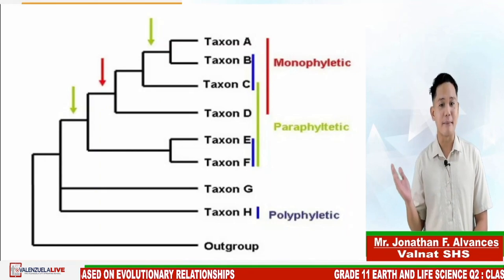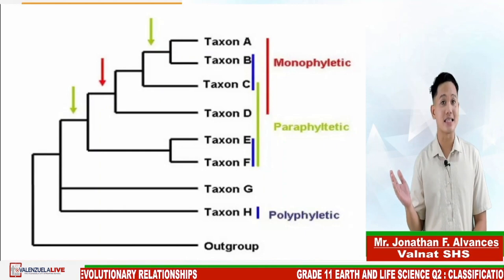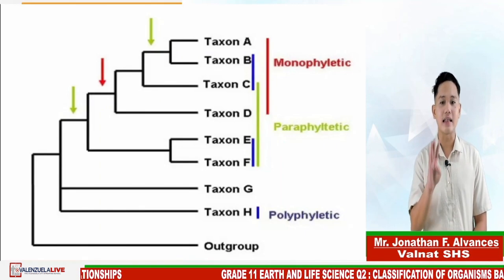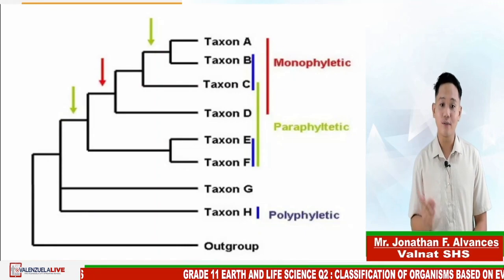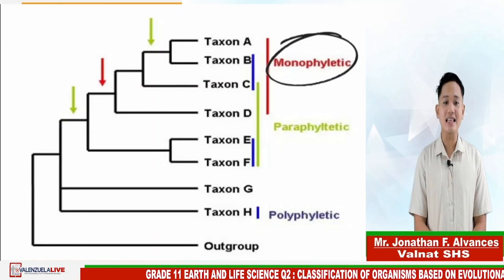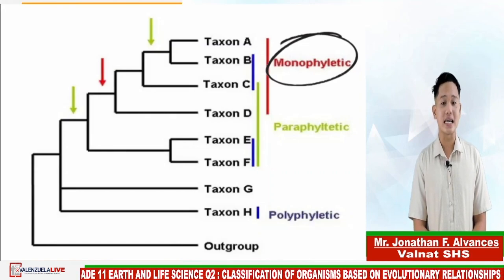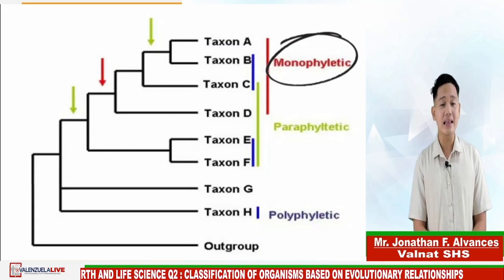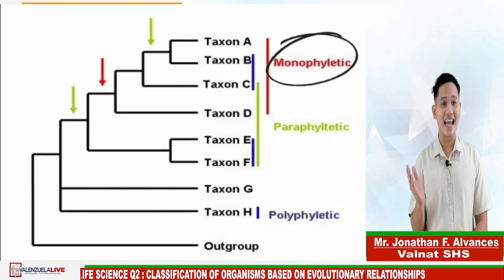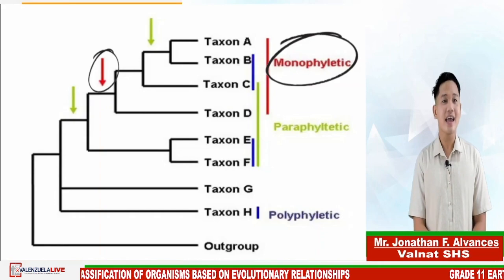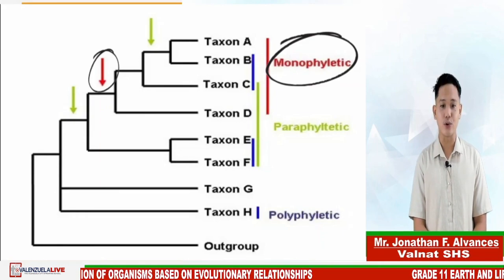In this example, the clade comprising taxa A, B, C, and D is monophyletic. Everything that descends from the ancestral lineage or organism that existed at the point marked by the red arrow belongs in that clade, and thus it is a monophyletic group.